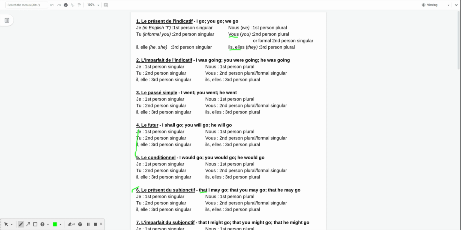Each of those have their own separate verb endings. And so in the next video, we're going to begin to decode this for a verb example. We're just going to pick one and run through that.